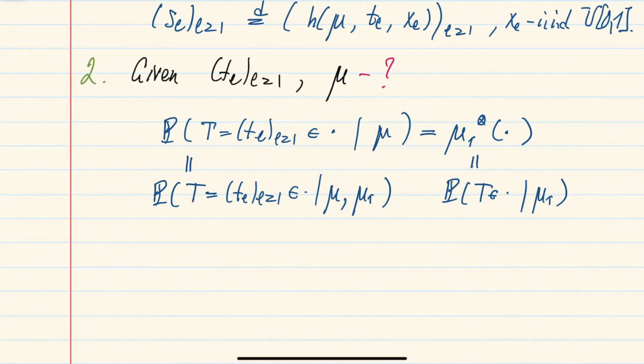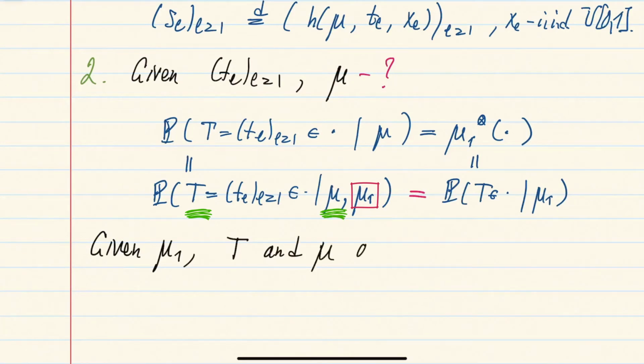This is simply because mu1 is a measurable function of mu. It doesn't add any information. So the sigma algebra generated by the pair is the same as the sigma algebra generated by mu. And so we see we have this equality between these two conditional distributions here. And in particular, what this tells us is that given mu1, t and mu are independent.